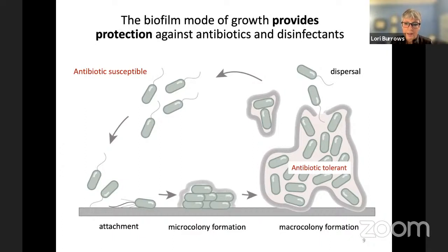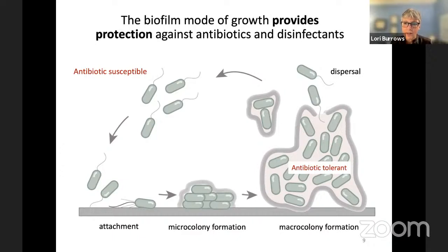So I want to make this distinction between tolerance and resistance. So resistance is a permanent thing. So if you become antibiotic resistant, that's an inheritable trait, right? So you're going to pass that trait to your progeny.